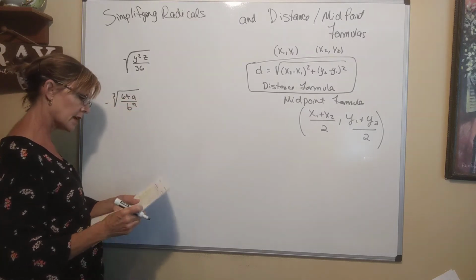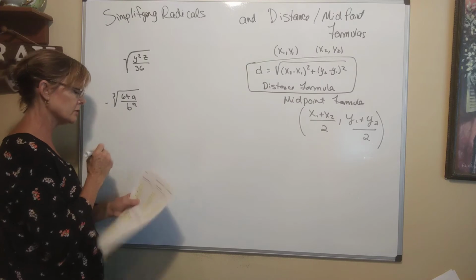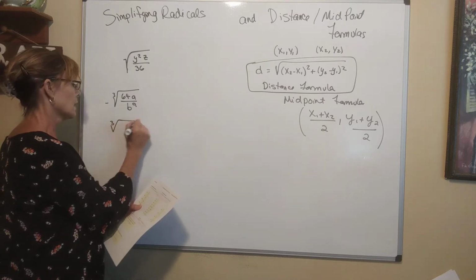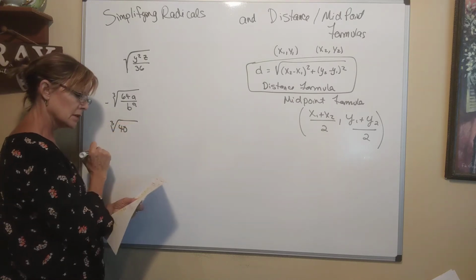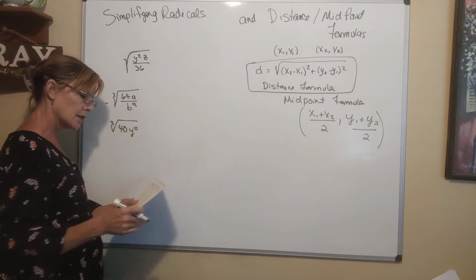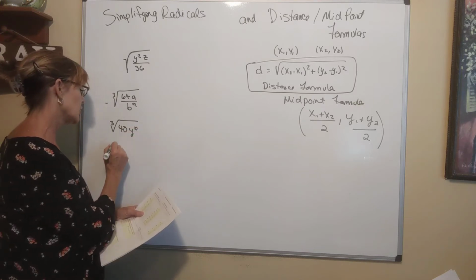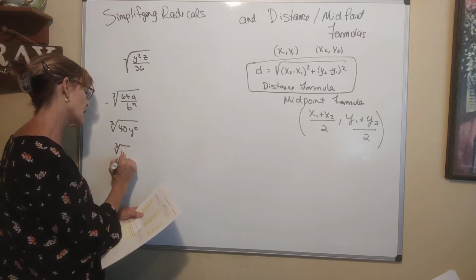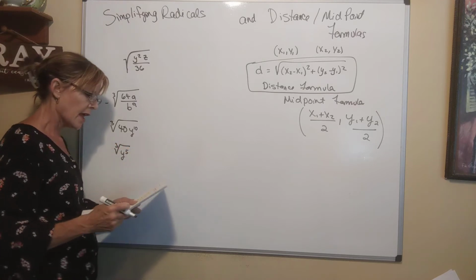And then let's look at something like the cube root of 40 times y to the 10th. Then let's look at something like the cube root of y to the 5th.